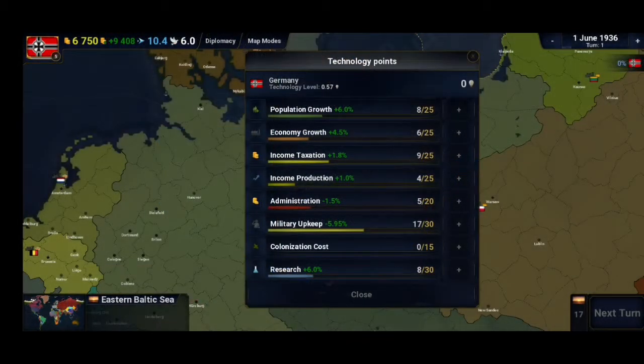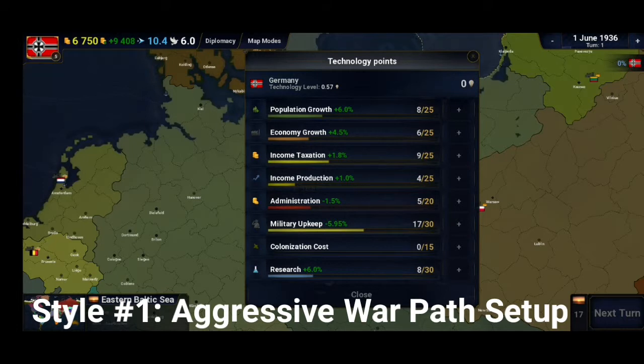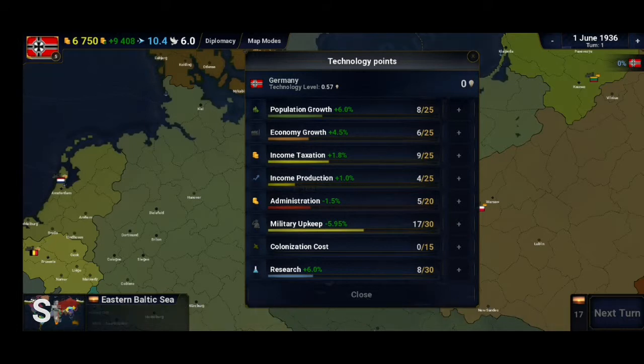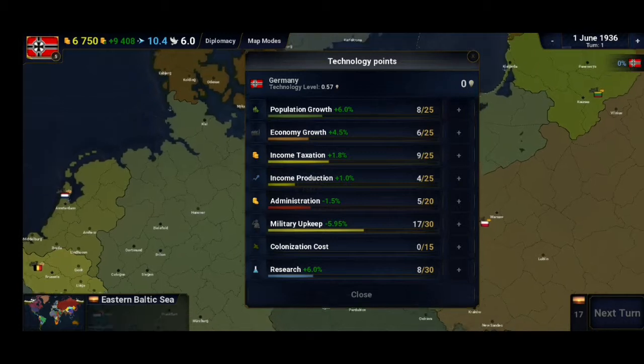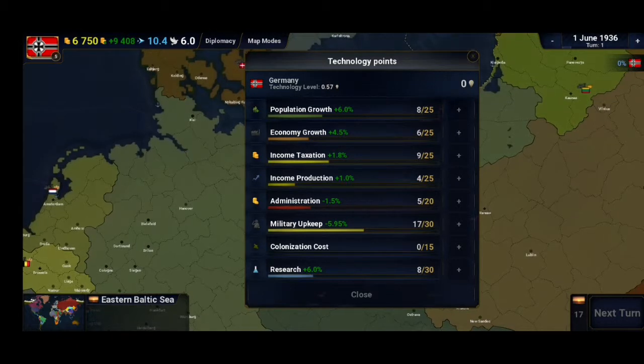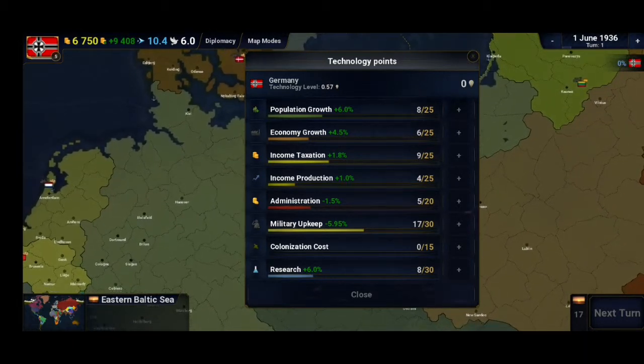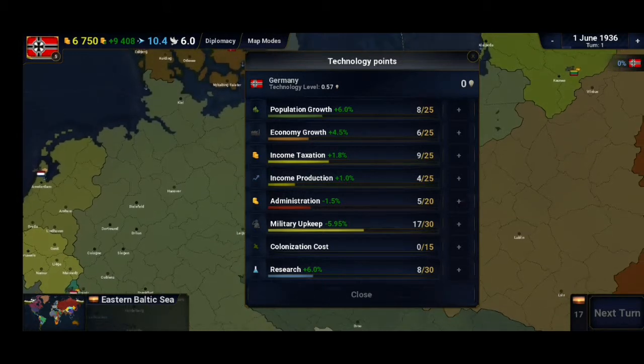Okay, so in general, we're going first for the aggressiveness fascist style. So if you can see, I'm going for military upkeep. A lot of it has gone to military upkeep, so I can field an army. The rest went to the economy a bit. Just went for the economy and population growth. Yeah, I did kind of buff that a bit, and income taxation, so I got a lot of money. Income production kind of took a back seat there, and I put some on administration costs, so I wouldn't have to spend much on other things.